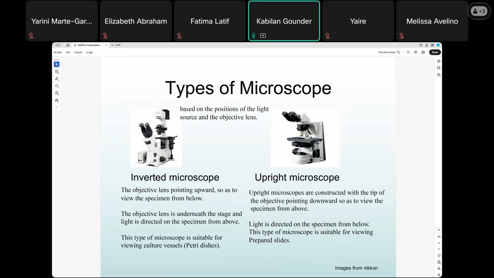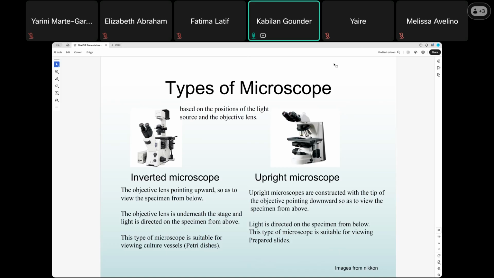There are two types of microscope, conveniently built based on the positions of the light source and the objective lens. One is called the inverted microscope, the other is the upright microscope. The inverted microscope means the objective lens is pointed upwards so as to view the specimen from below.